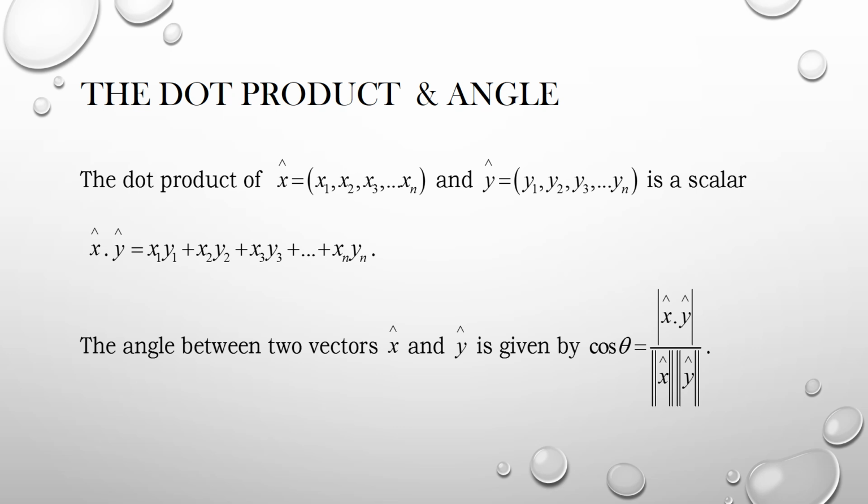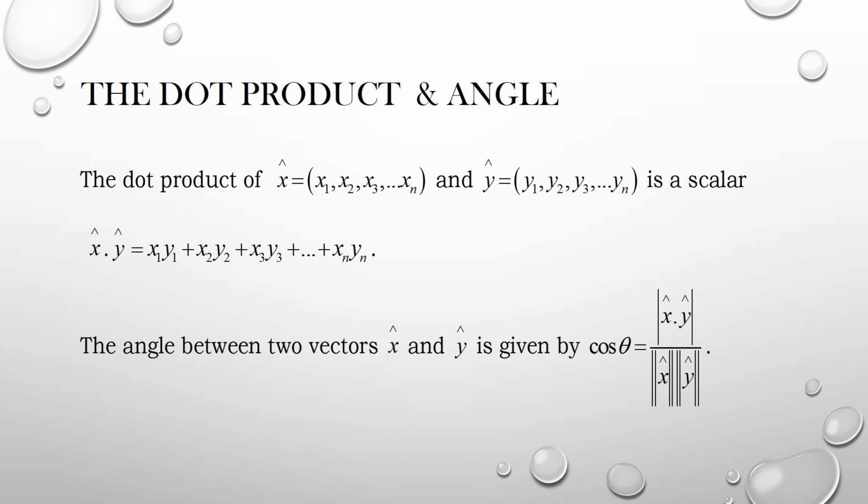Previously, we defined the addition of two vectors in Rn and the product of a vector x cap and a real number or scalar alpha, that is alpha x cap. These two are already defined. Now we are going to learn the dot product. The dot product is taken between two vectors.